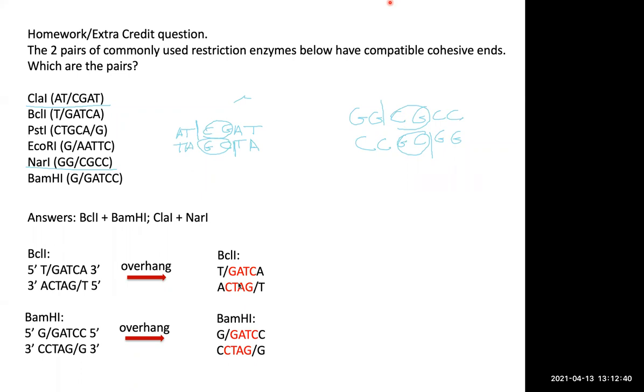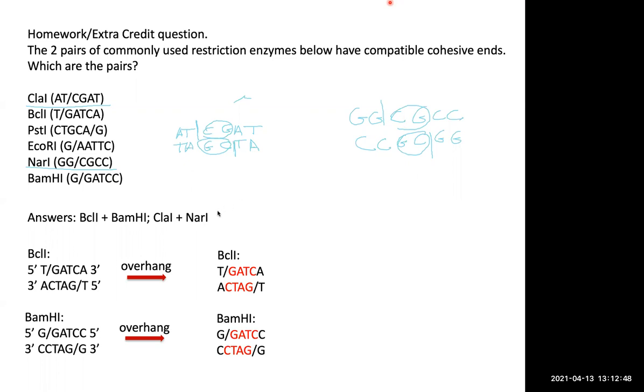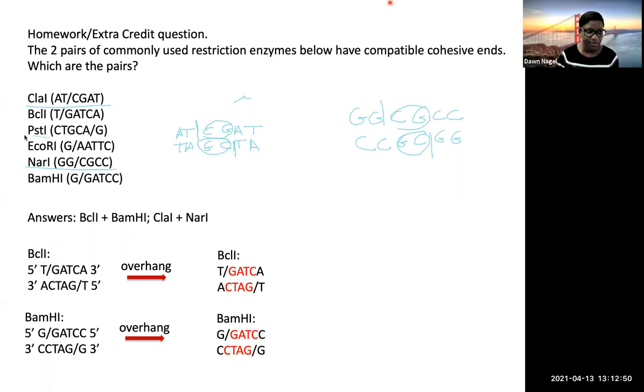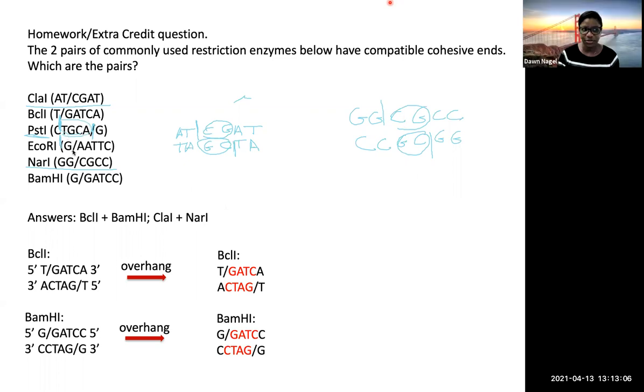Can you show the overhang of PstI? Which one? PstI, I think. With this one? Yeah. This one is going to be the same, because it's going to cut here, and the other enzyme on the bottom strand is going to cut here. So this is going to be your overhang. And you can see that this doesn't match up with EcoRI, so you know that these two are out.